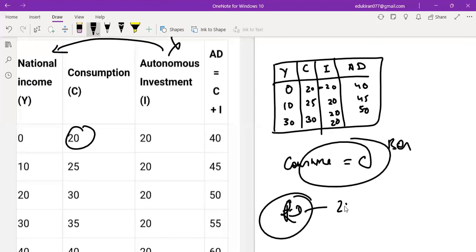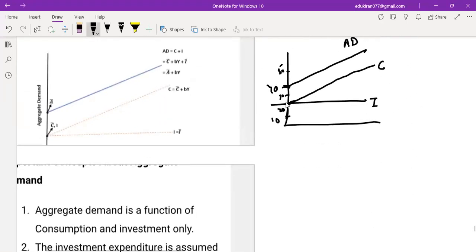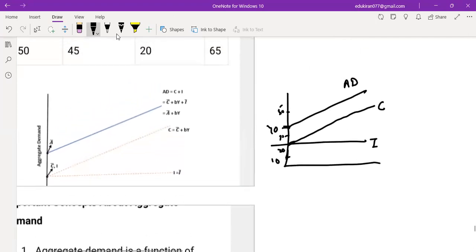For every month you have to deposit 200 rupees, no matter what. So investment is autonomous, it doesn't get affected by your income. Even if your income is increasing, that will be the same. But consumption cannot be zero at any level of income, because you will consume something no matter what. That's why the consumption is not starting from 0, and starts at 20 like investment.